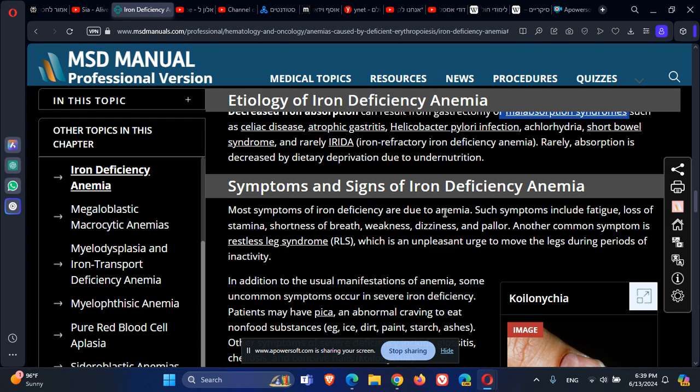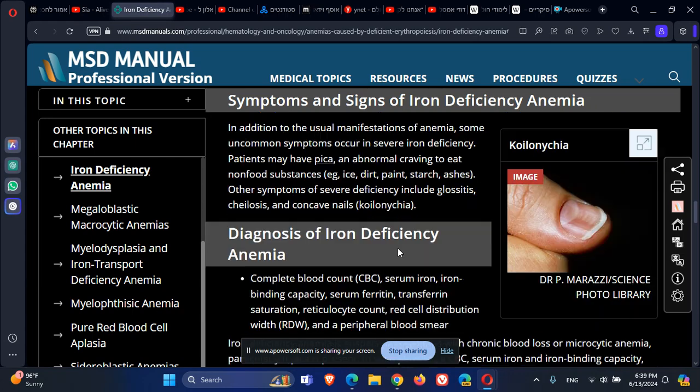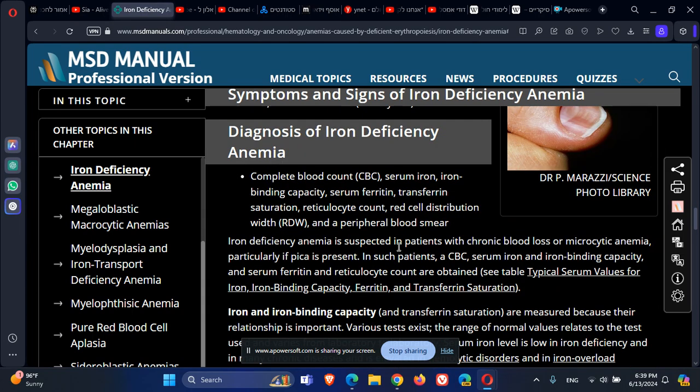Pica syndrome means that patients sometimes want to eat very strange things, like ice cubes. This is pica syndrome.